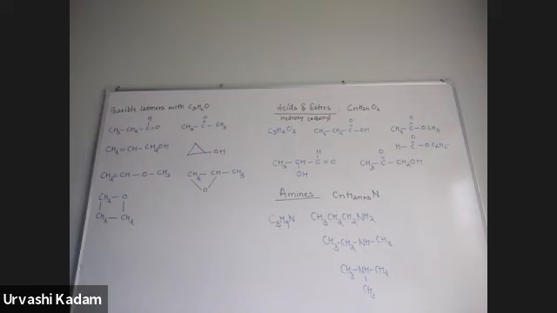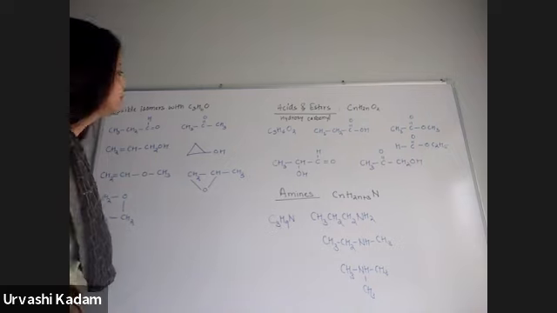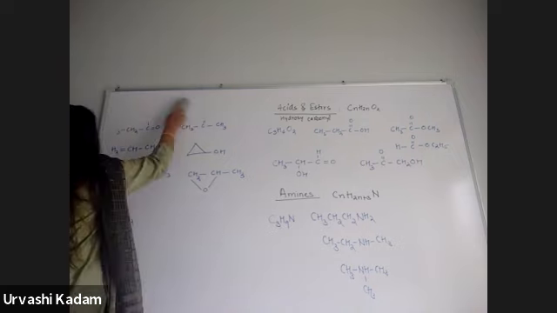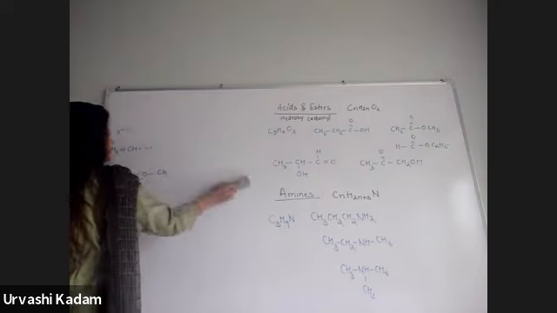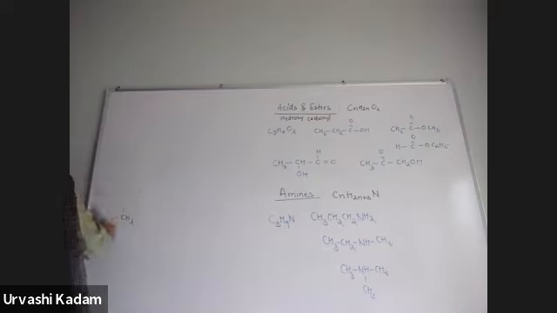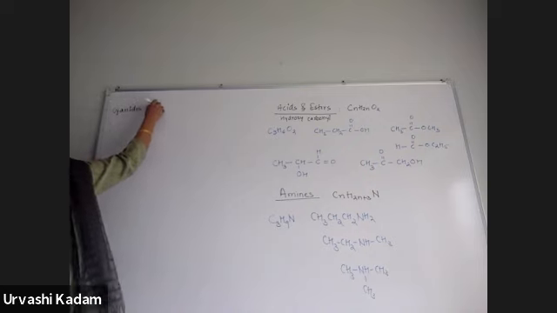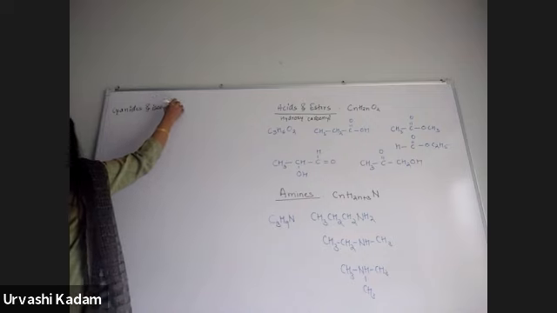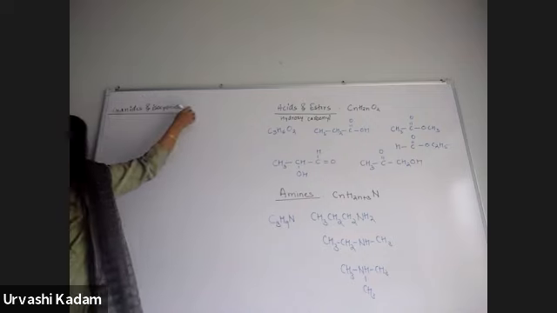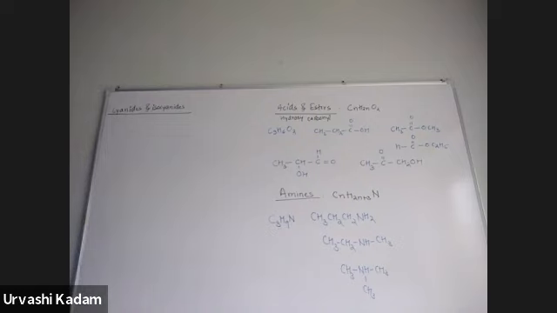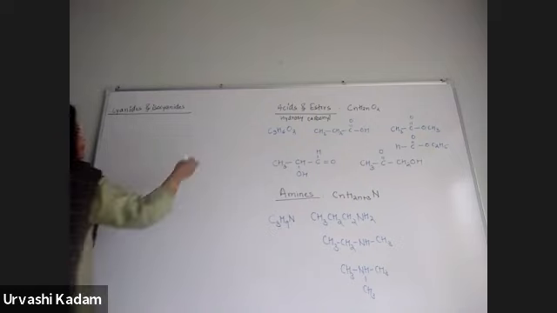ये छोड़ के cyanides और isocyanides, तो इनका जनरल फॉर्मूला है CnH2n-1N.